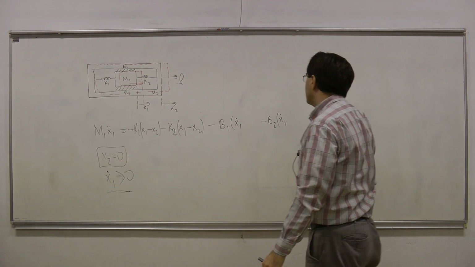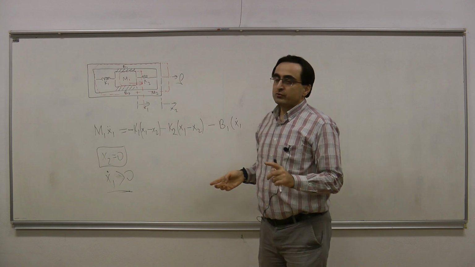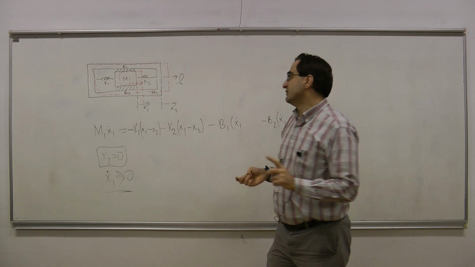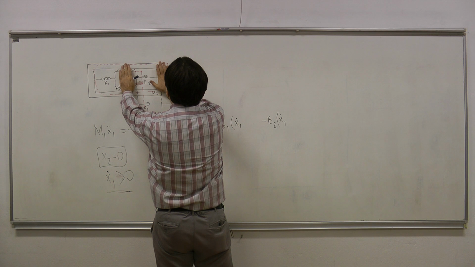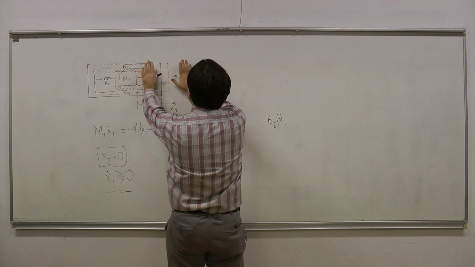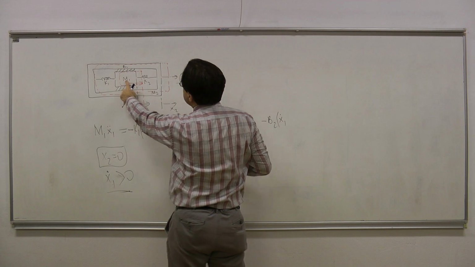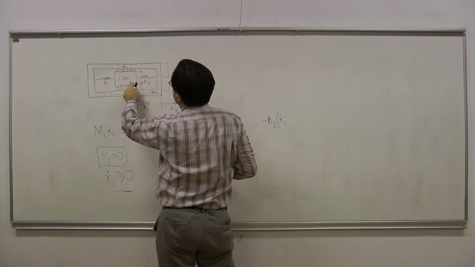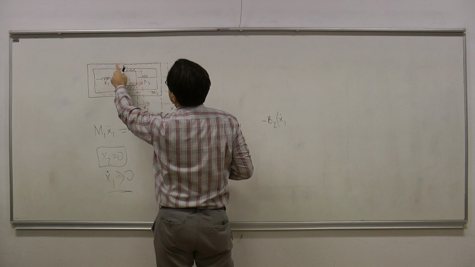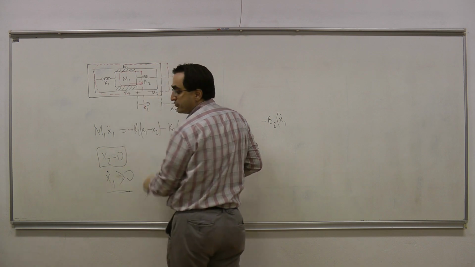Now I want you to ask yourselves the question: what happens if I move both of the masses with the same velocity? In that case, mass m1 would not move relative to the mass m2.